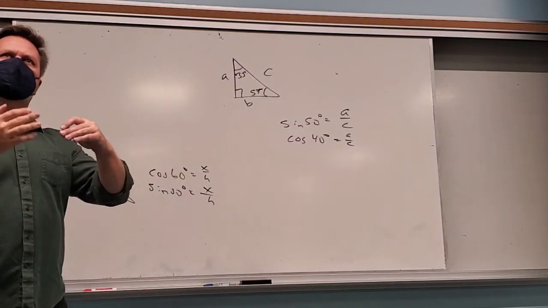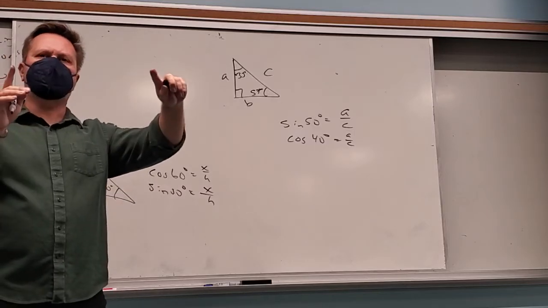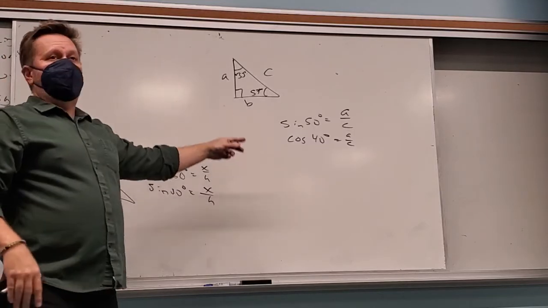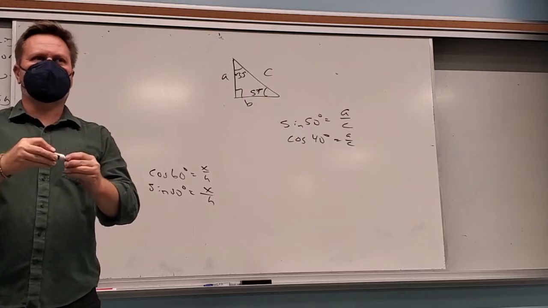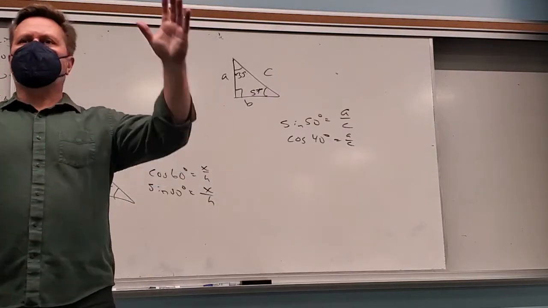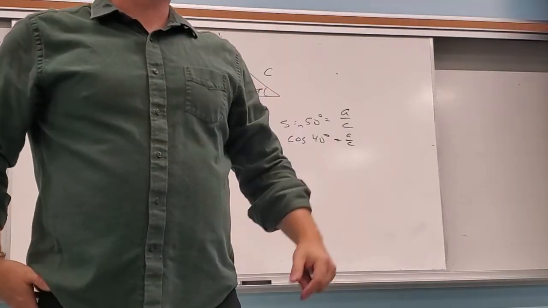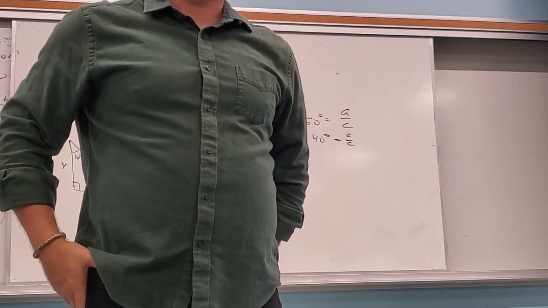That's why, and so graphically we know they're offset by 90 degrees. Triangularly, sure, just to create a new word, we know they're offset by 90 degrees.